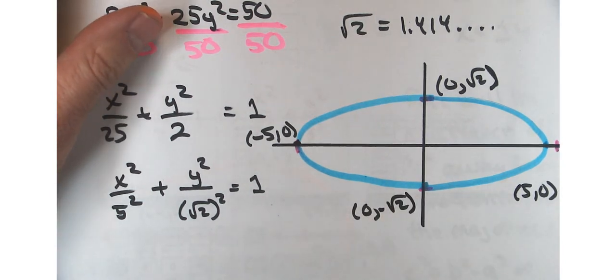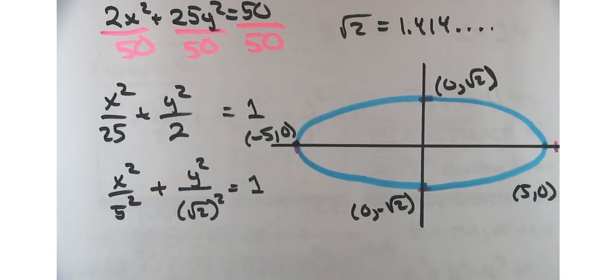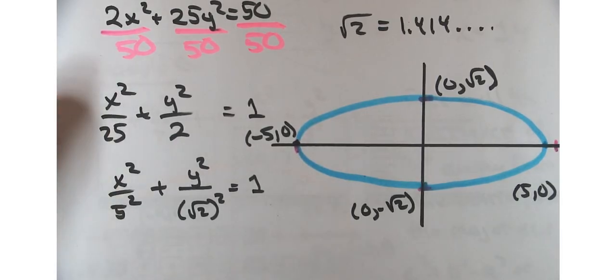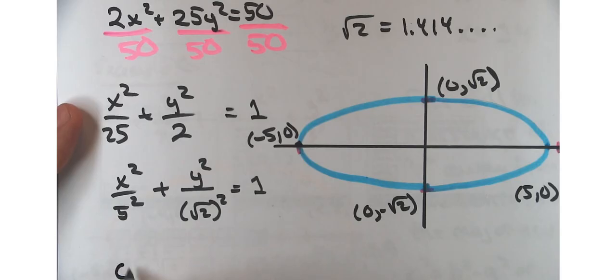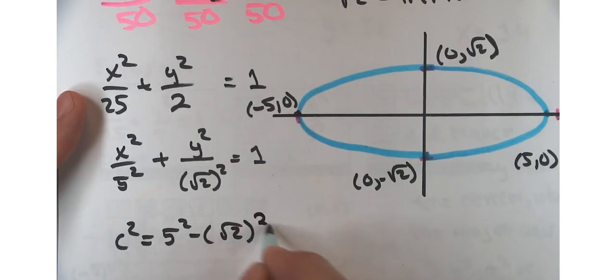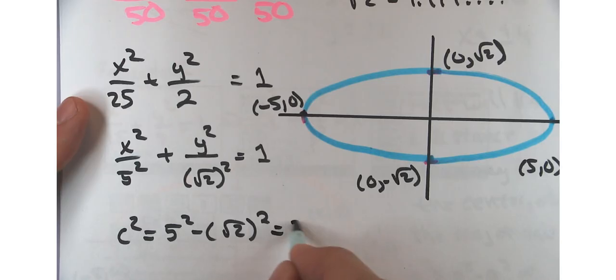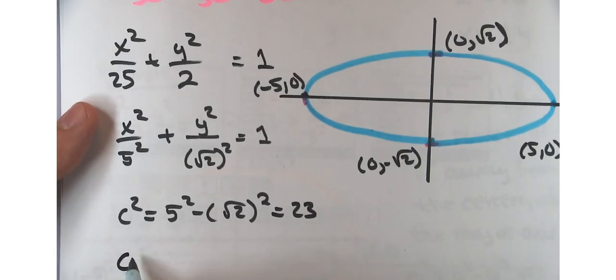Let's find our foci. Are the foci going to lie along the x-axis or the y-axis? The x-axis. Have to be there. Let's calculate c squared. c squared is going to be 5 squared minus the square root of 2 squared. You could also subtract 25 minus 2. You're going to get the same thing. c is going to equal the square root of 23.